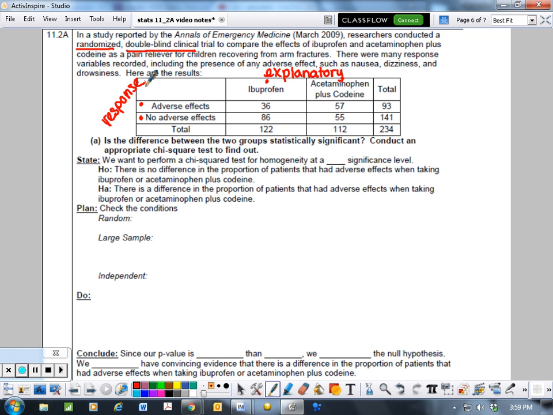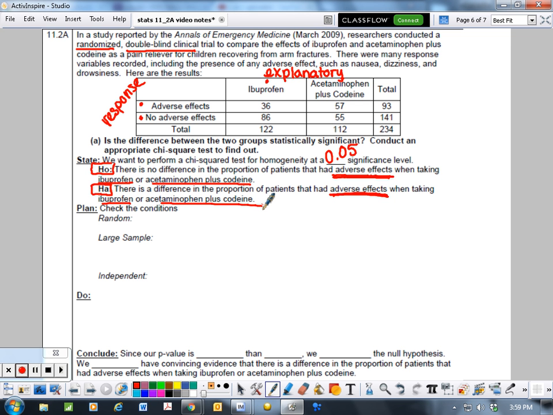So we want to perform a chi-square test for homogeneity at a 0.05 significance level. Our null hypothesis is there is no difference in the proportion of patients that had adverse effects. So again, response variable when taking our explanatory variables, ibuprofen or acetaminophen. Our alternative hypothesis is there is a difference in the proportion of patients that had response variable when taking ibuprofen or acetaminophen.